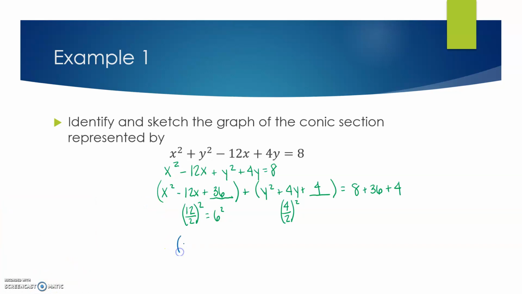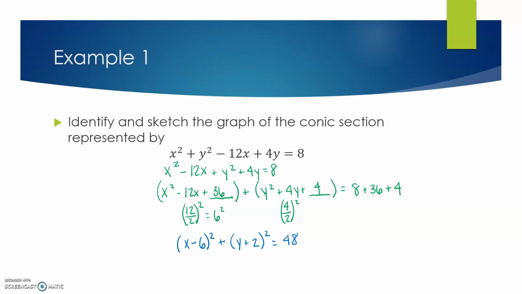This is going to give me x, whatever this sign is, so minus 6 squared, plus y, whatever this sign is, so plus 2 quantity squared. And that equals, if we add all that together, we should get 48.